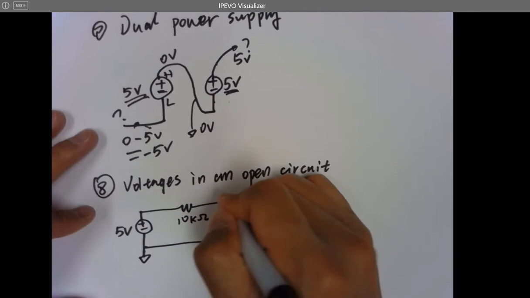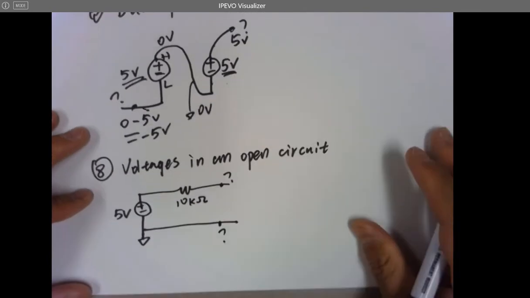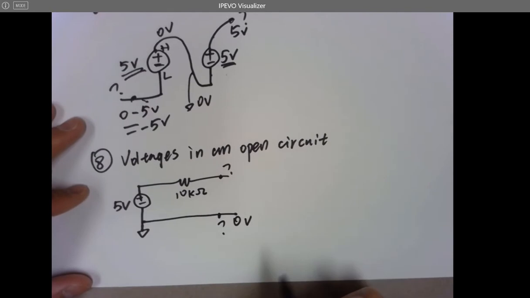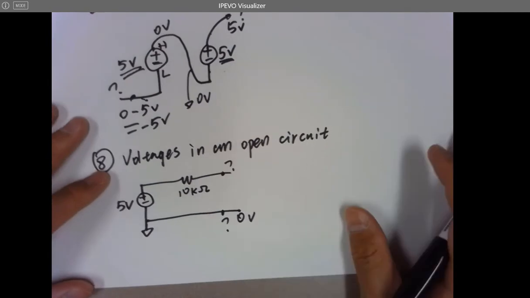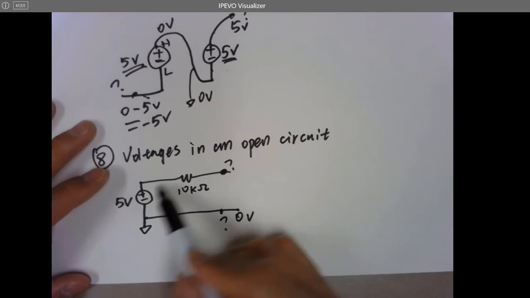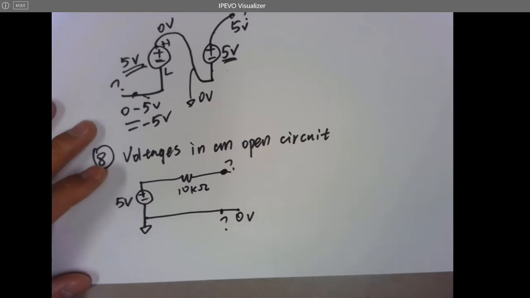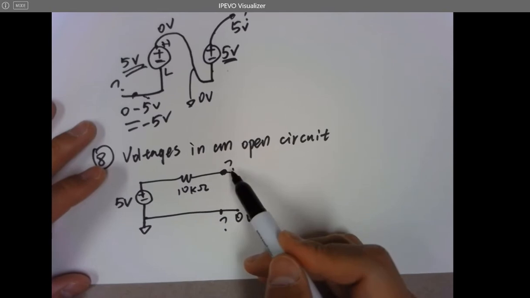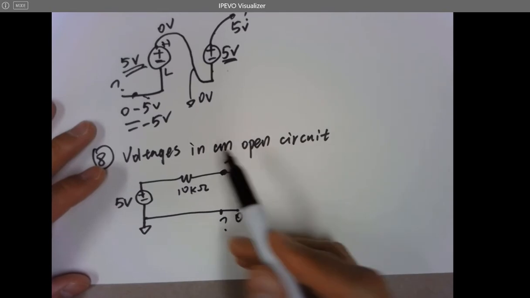So what's the voltage here? What's the voltage here? So definitely this one is 0 volts, no problem. And you are probably saying, hey, this is 0 volts as well, because there's no electric circuit and no electron flowing here because it's not closed, right? So the electron has nowhere to go.